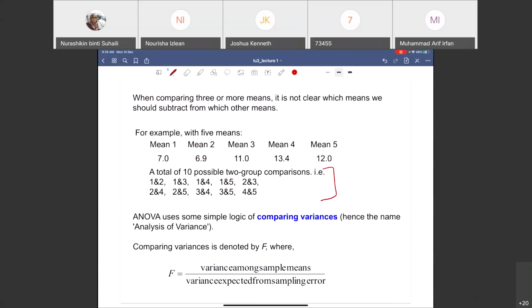Before that, we have to come up with all the possible pair comparisons, depending on the number of samples. In this case, there are 5 samples. So for the possible pairs, you just match one by one: 1 and 2, 1 and 3, 1 and 4, 1 and 5.